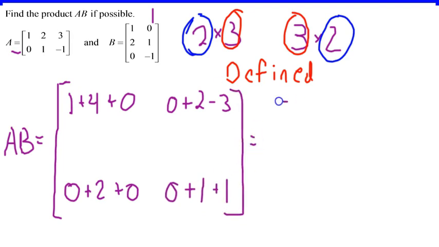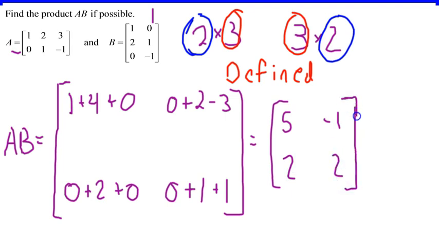Now if we simplify each of these entries, 1 plus 4 gives us 5, 2 minus 3 is negative 1, 0 plus 2 plus 0 is 2, and 1 plus 1 gives us 2. So this would be the product of AB.